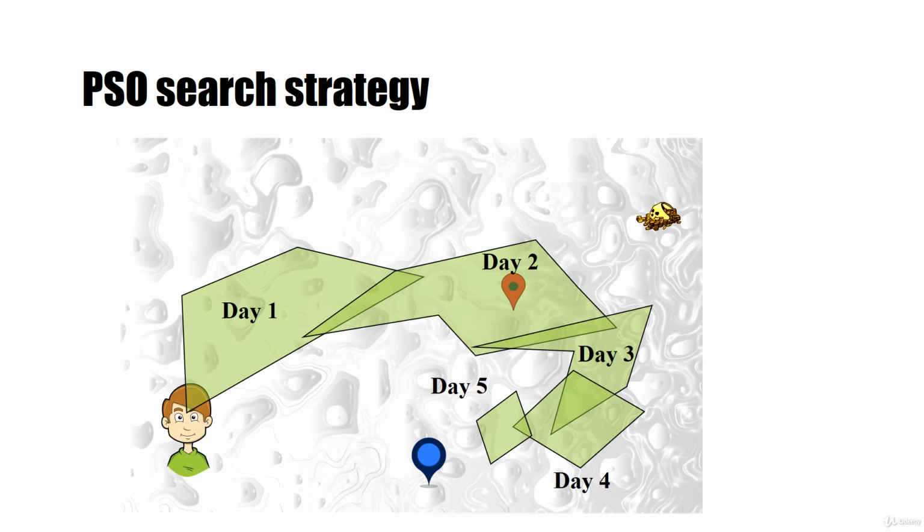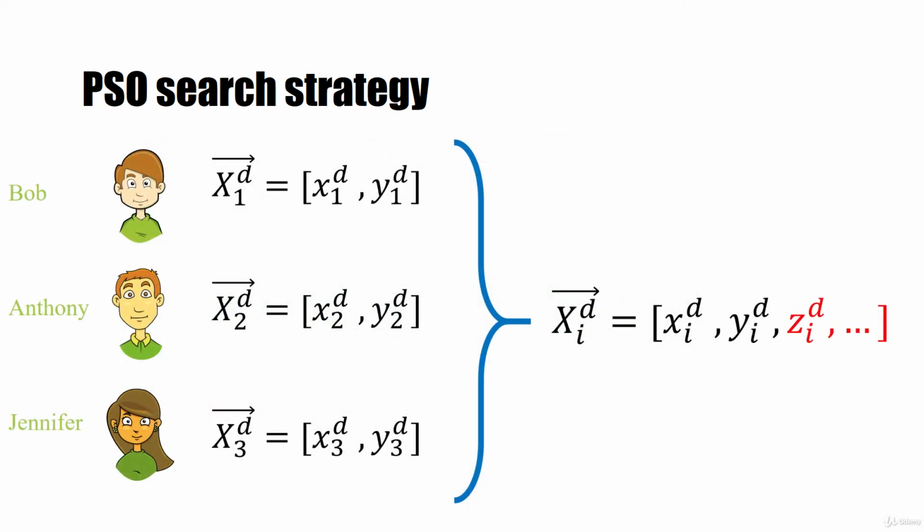Now you know the concept of PSO, let's learn its mathematical model. We are going to first start with a mathematical model of our analogy, and then we will look at the formal equations of the particle swarm optimization algorithm. Each team member defines its position by a pair of x and y.